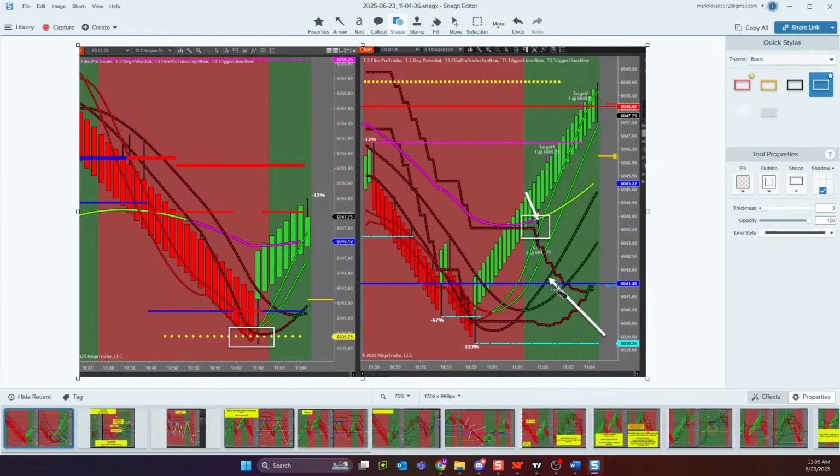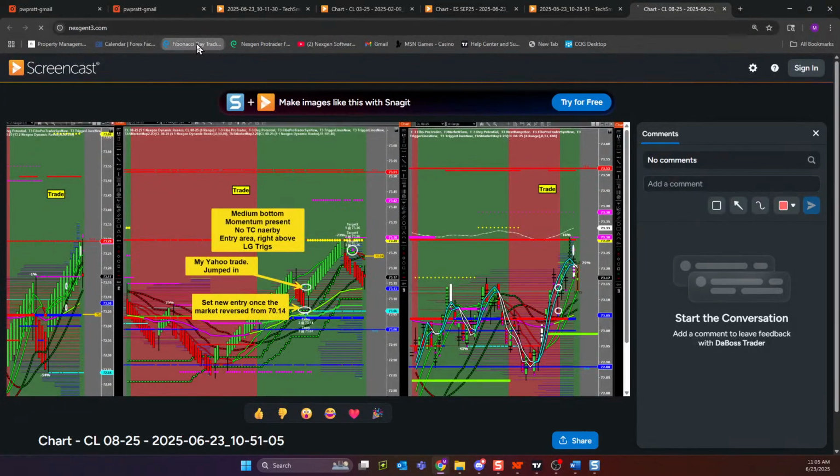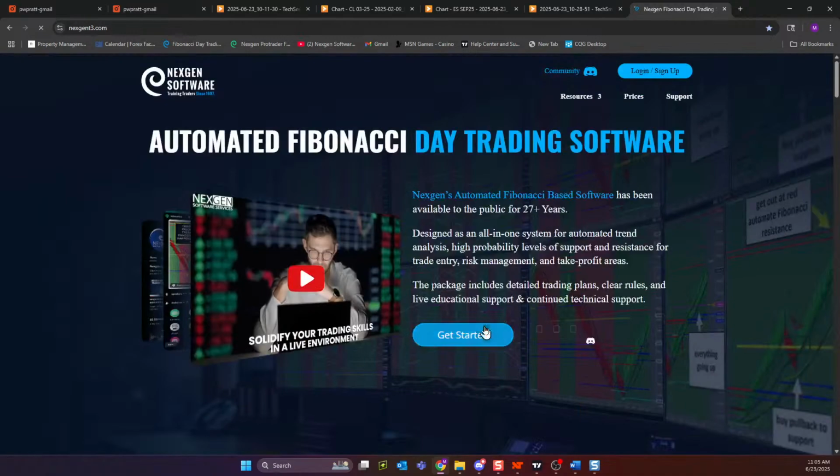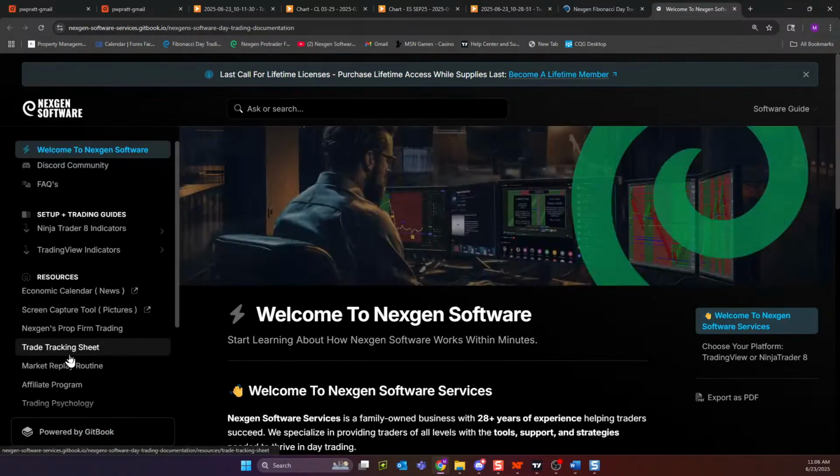This is a trade that allows you to capitalize on your understanding of terminations and strong triggers, and the recipe for it is break above that mid-band and snap back to it right at those small triggers. Guys, Nexgen has been teaching this momentum style trade for probably 20 plus years. I want to say it was 2004 when it first came into play.